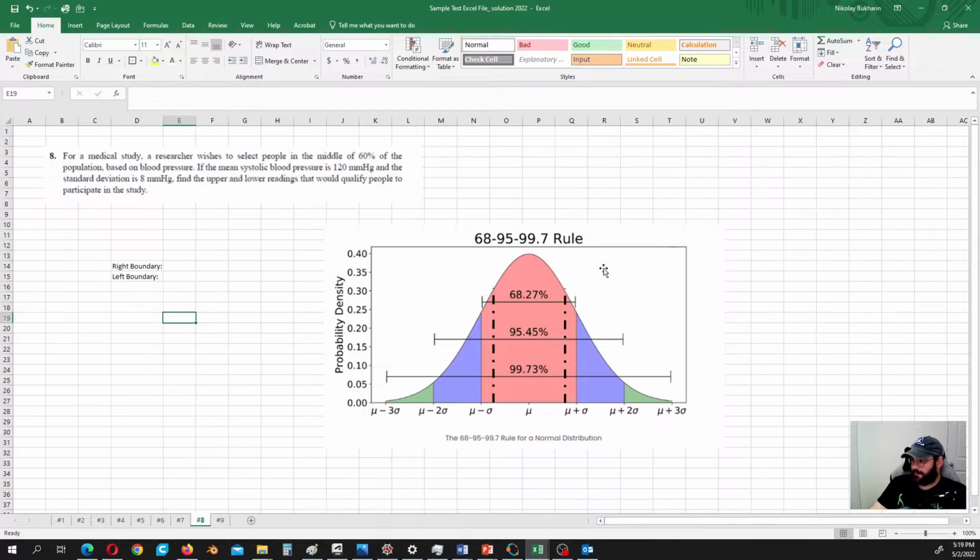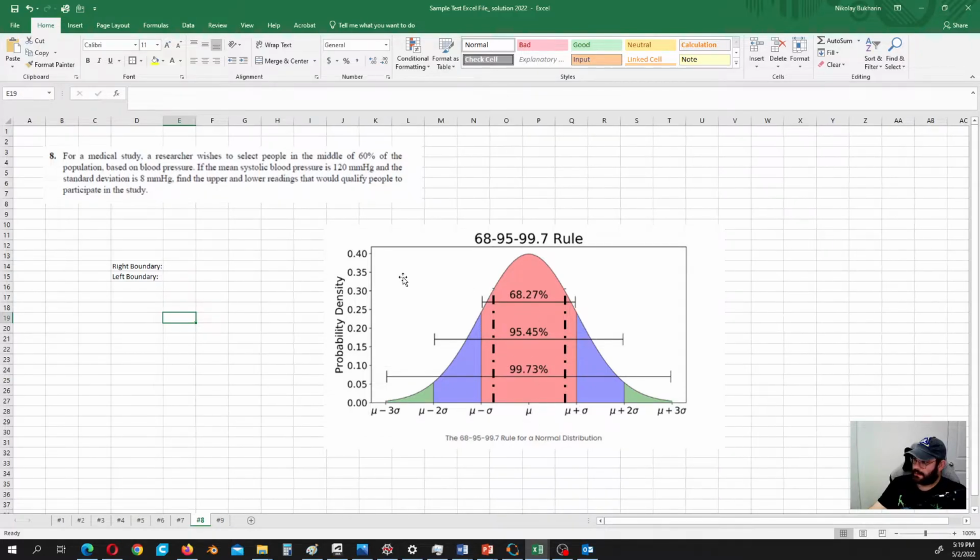Okay, so here we have our empirical rule. We have 68.27% of the data in between one standard deviation below and above the mean.